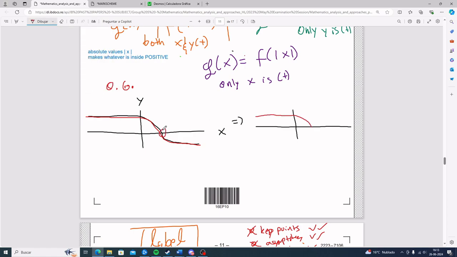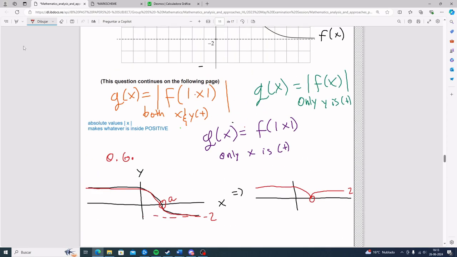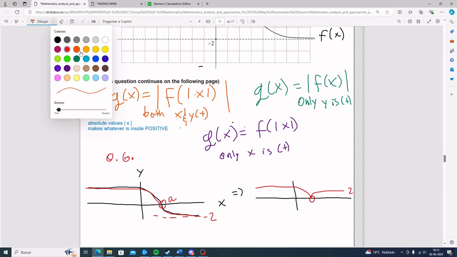When you reach that famous a, it's just going to bounce back up, keeping in mind the asymptote from before. If here you have -2 for asymptote, over here you would have +2. So this is making your y values positive, which would be considering just this.